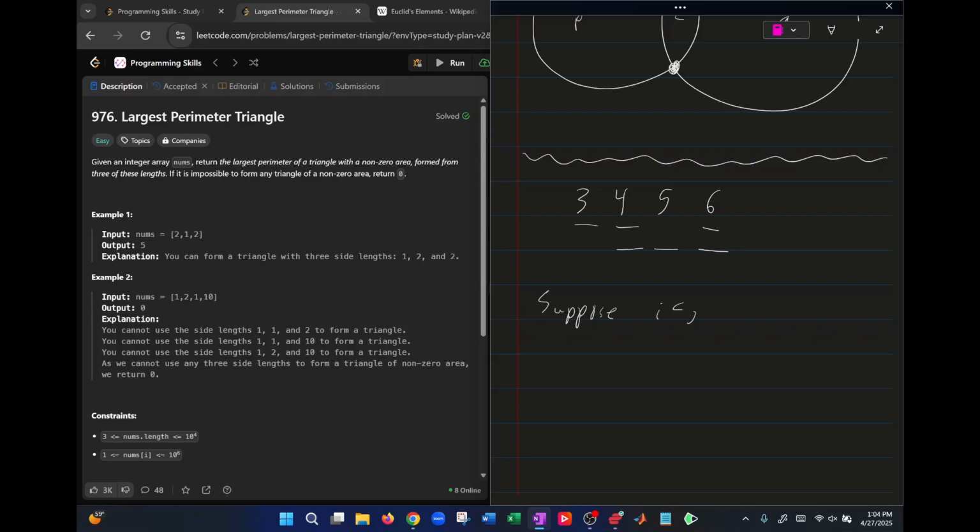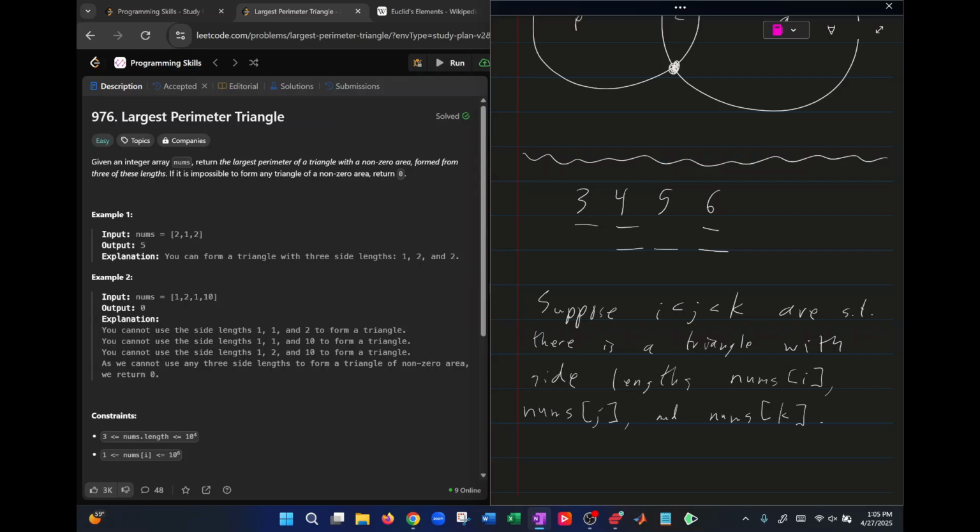Suppose i and j and k are integers in increasing order, such that there is a triangle with side lengths nums i, nums j, and nums k.